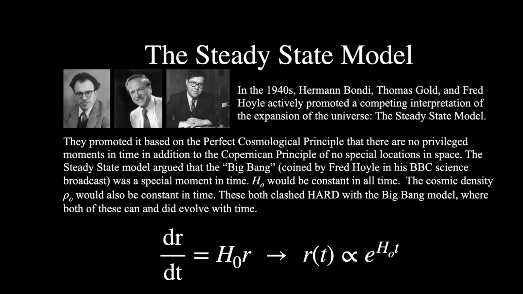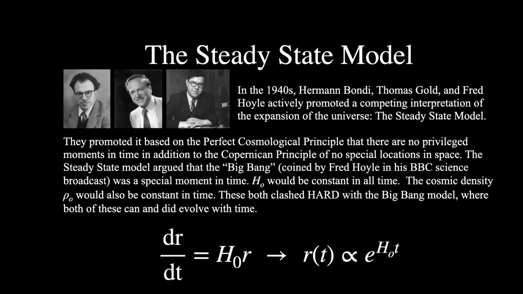This v is valid for all time. The Big Bang posits that this v can change in time because H naught is only the value of the Hubble parameter today. The Big Bang model states that H varies with time, thus making v have a potentially complicated form throughout cosmic time. But the steady state says H naught is a fixed constant for all time.